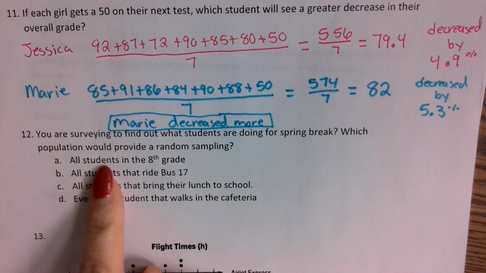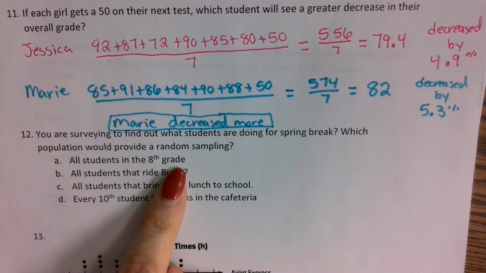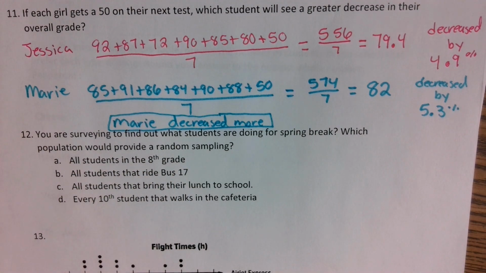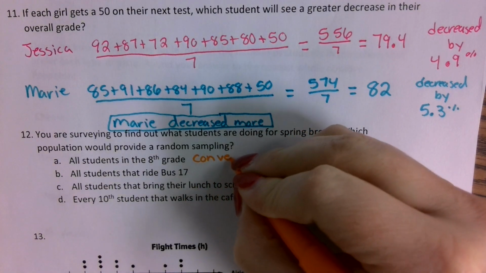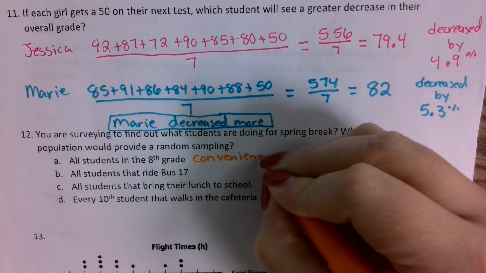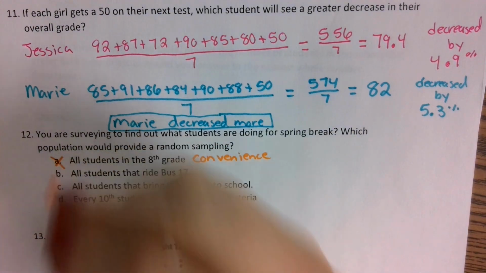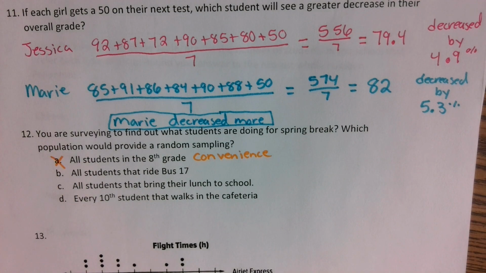If I survey all the students in 8th grade, that is not a random sample. That is a convenience sample because it's focusing on just one group. This is convenience. Remember, convenience is not a good thing, so we cross that off. That's not going to be a good one.